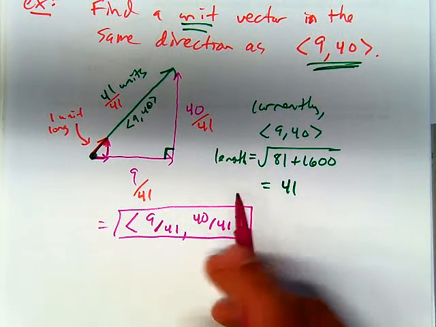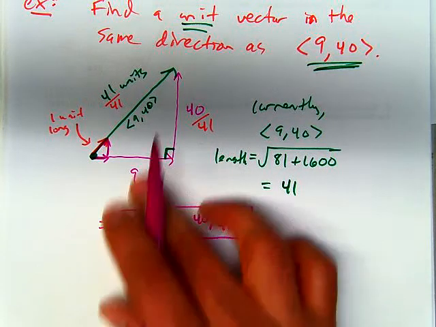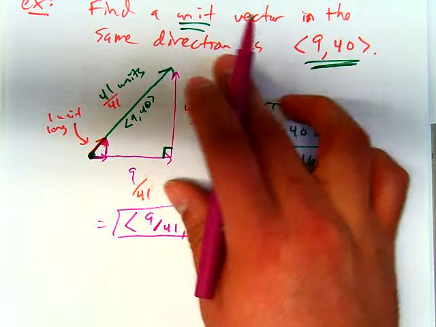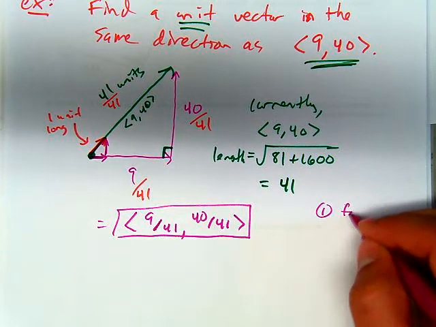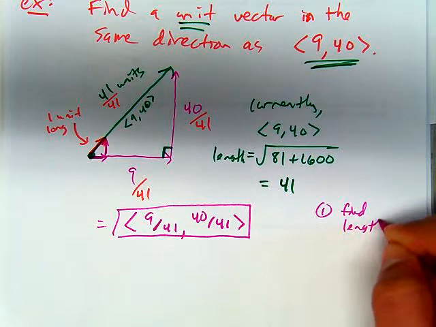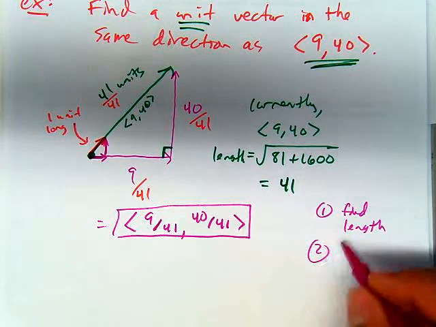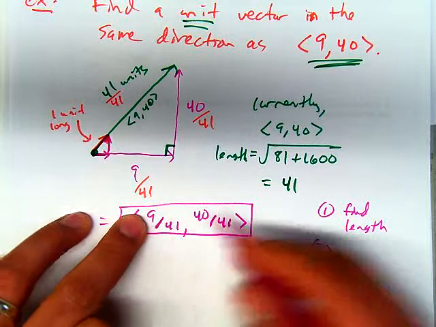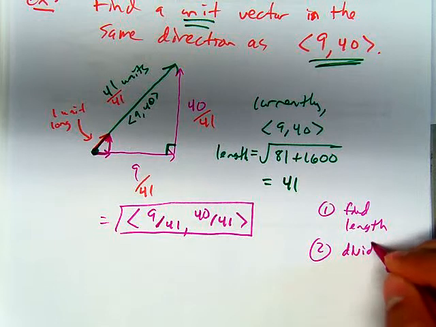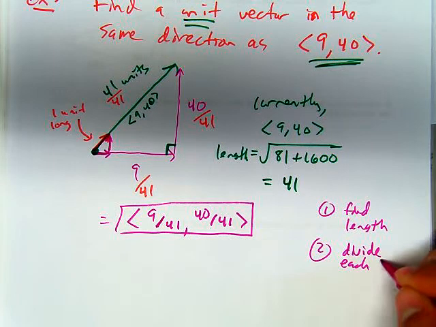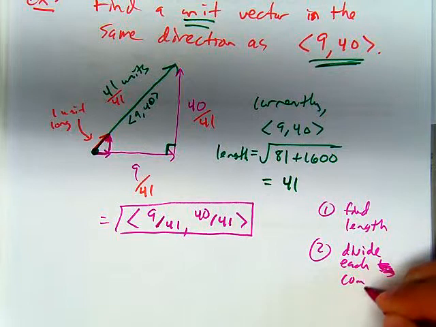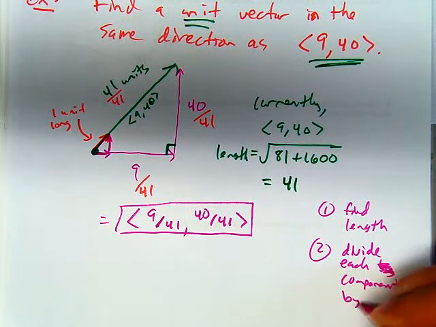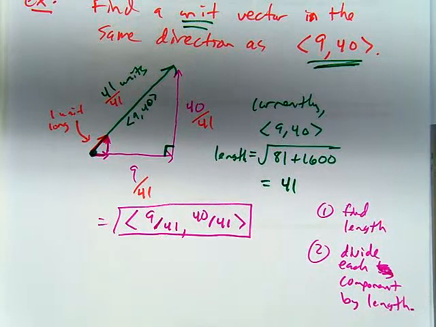So the idea is, if you want to find a unit vector in the same direction as any given vector, first, you find the length, and then second, you just take each component, 9 and 40, and divide each component by the length. So pretty easy to do.